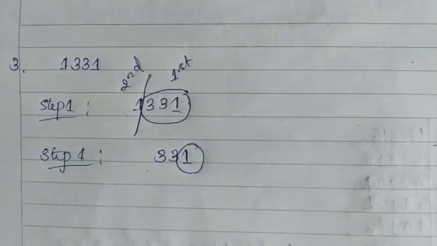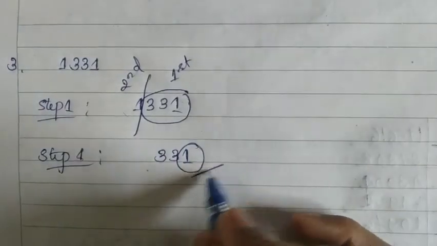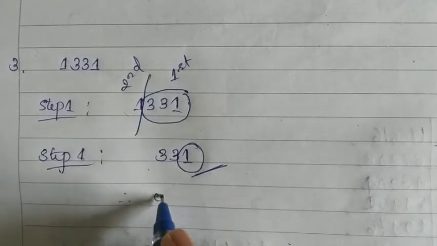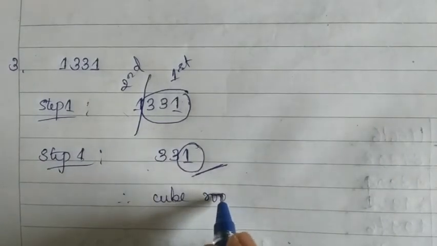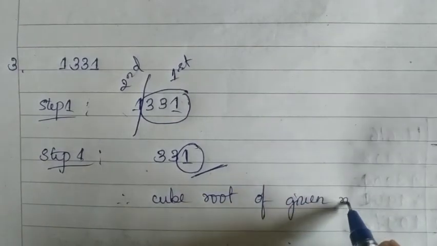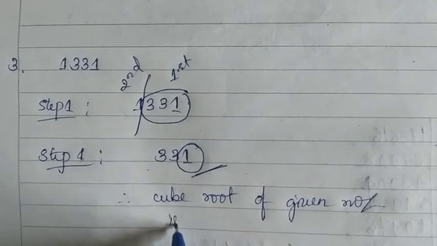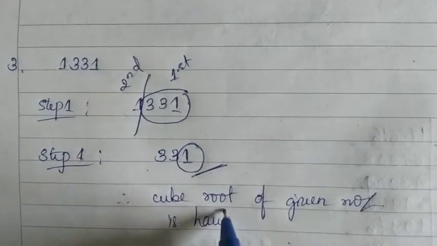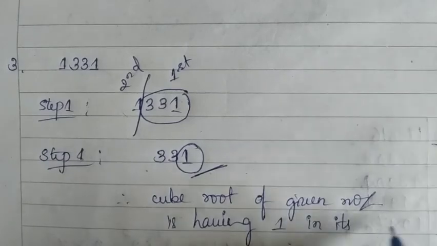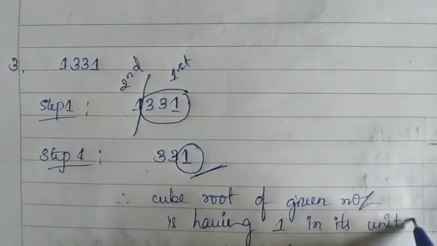The unit place number is 1. This gives the clue that the cube root of the given number has 1 in its unit place.